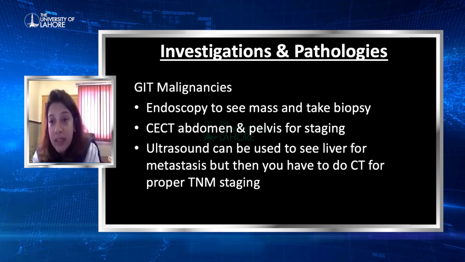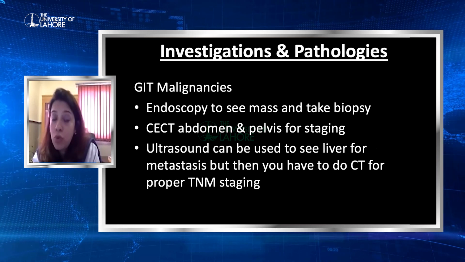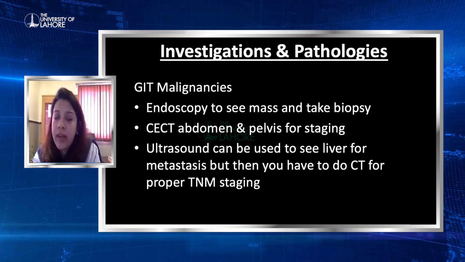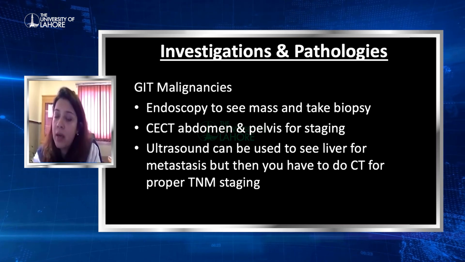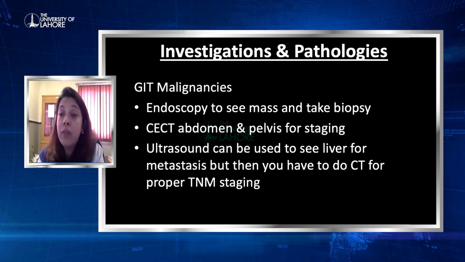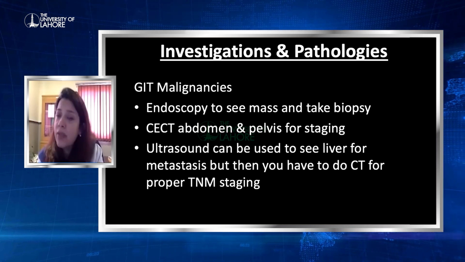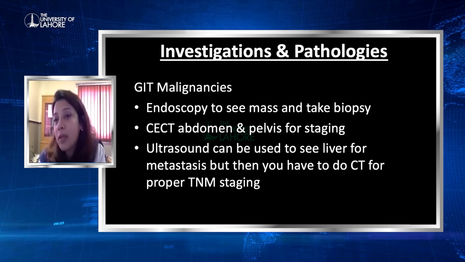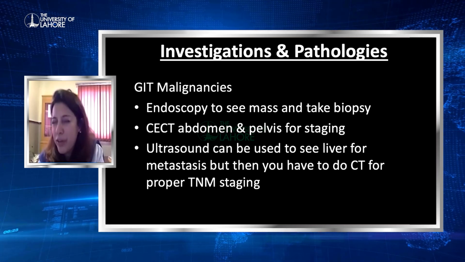For GIT malignancies, first, as I've told you, do an endoscopy. If you're suspecting a cancer of the esophagus, stomach, colon, anything, you do the endoscopy, you take a biopsy, but then you do a CT abdomen and pelvis for staging. Ultrasound can also be used for staging, but ultrasound can only show you the solid organs like the liver and spleen.